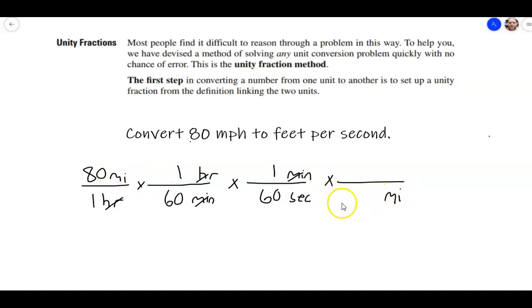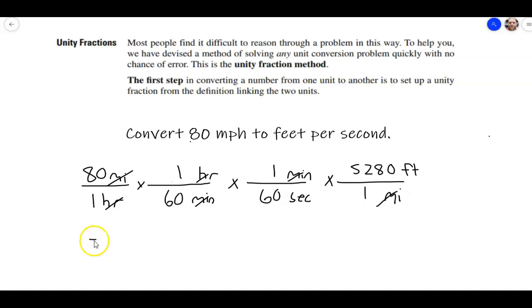And from the first example, I know that 1 mile is equal to 5,280 feet. All right, that will get rid of my miles here, and now I'm left with feet on the top and seconds on the bottom, and that's what I wanted. I want it in feet per second.